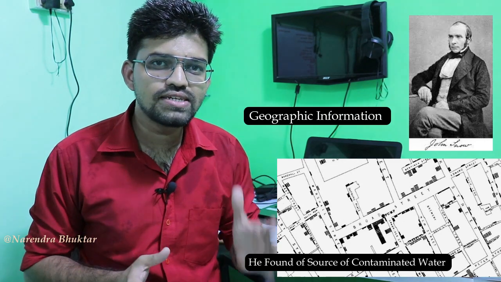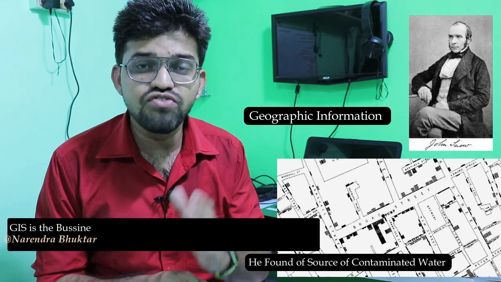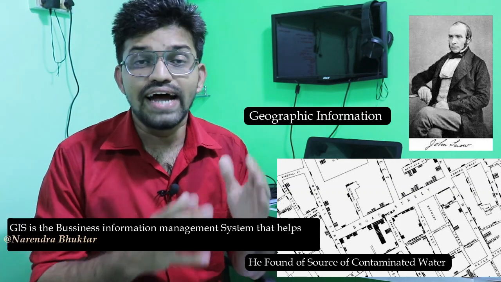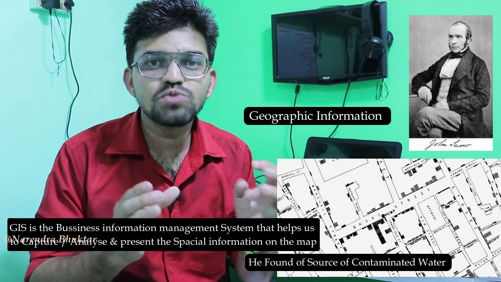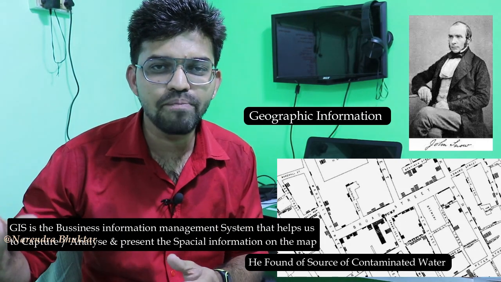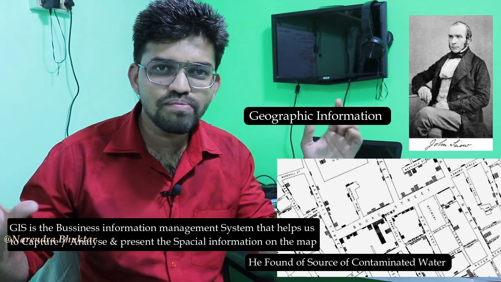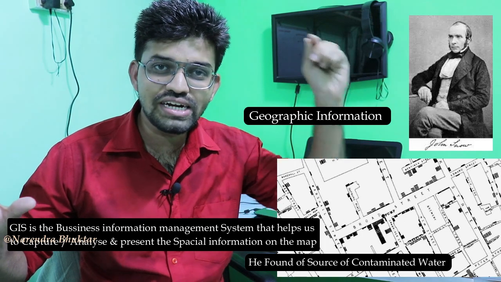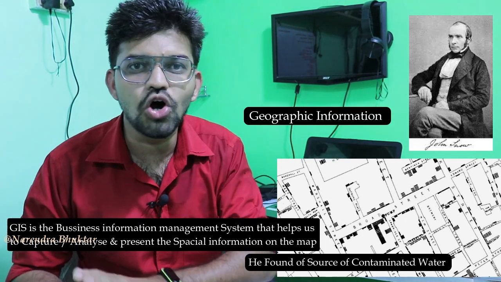So over here guys, we can define what is GIS. It is nothing but the business information management system that helps us to capture, analyze and present the spatial information on the map. It means we are accessing the geography by using the remote sensing. We are collecting the data, and all that particular data we are putting across on the maps.